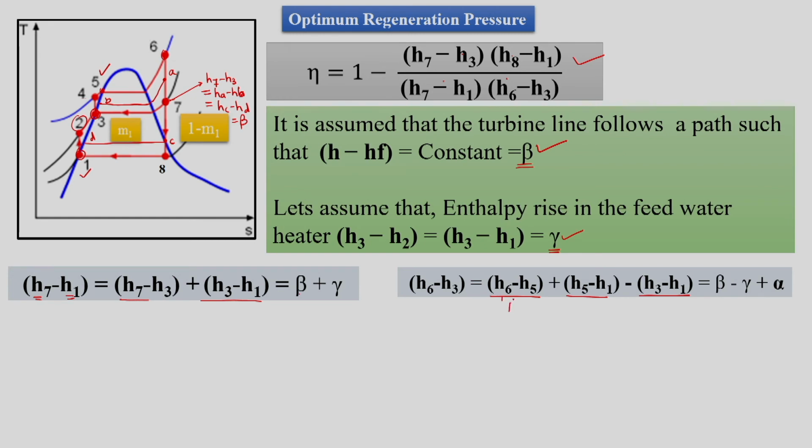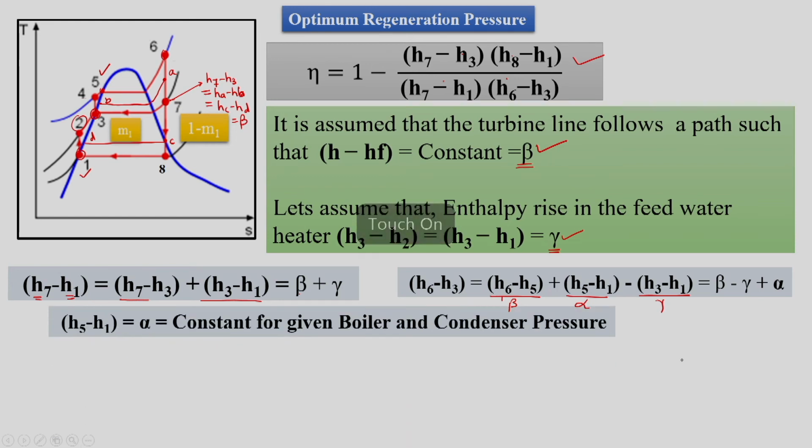This term is beta, this term is alpha and this term is gamma. Here we are defining that H5 minus H1, the saturation enthalpy corresponding to the liquid saturation point of the boiler and the saturation enthalpy corresponding to the liquid saturation point of the condenser, is a constant.